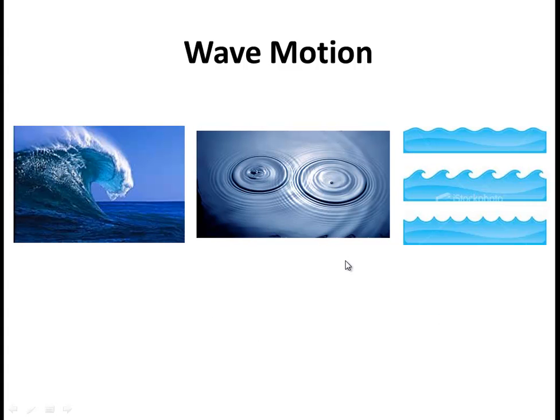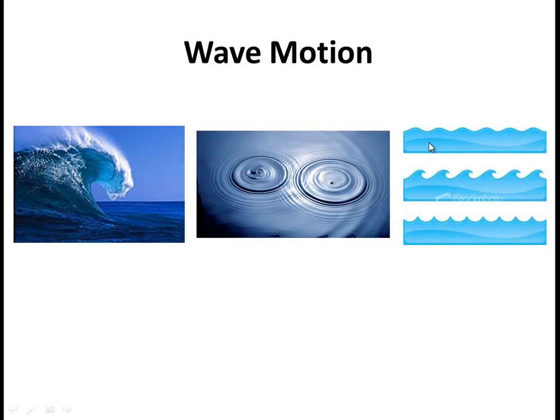So certainly water is a substance that can exhibit wave-like motion. Here's a big wave here. Here's the aftermath of probably two pebbles that were dropped into this pond at the same time, and you can see the concentric circles of the two wave fronts moving out in all directions.